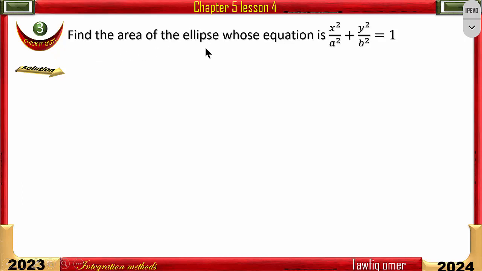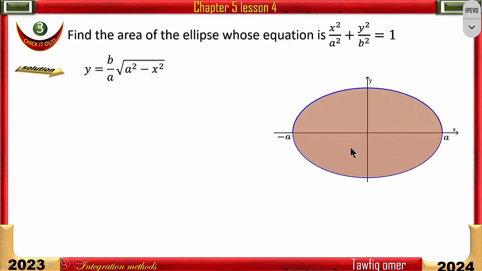Find the area of the ellipse whose equation is x squared over a squared plus y squared over b squared equal to 1. First of all, we must find the function of this ellipse. By finding the value of y, it becomes b over a times the square root of a squared minus x squared. This is the ellipse.